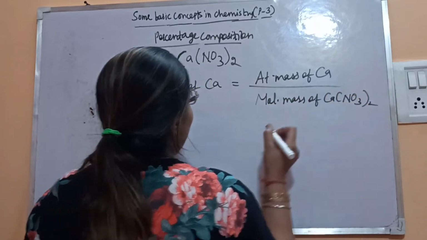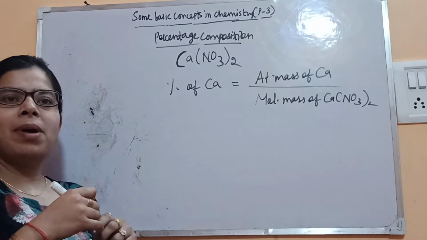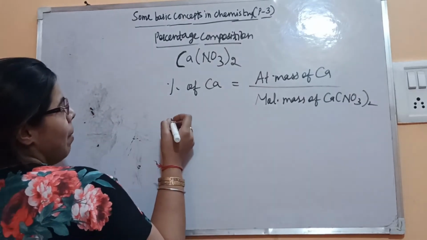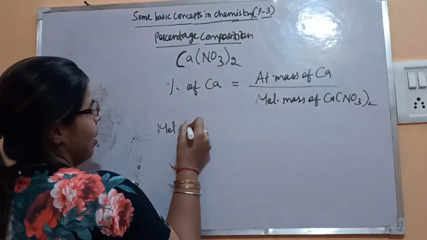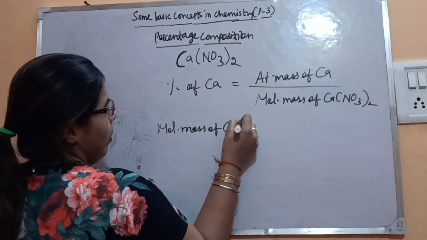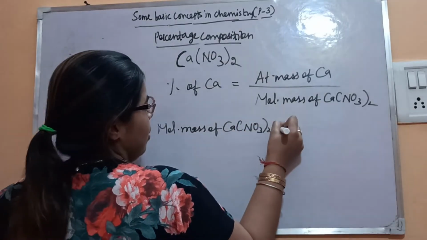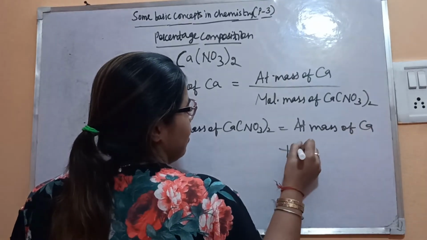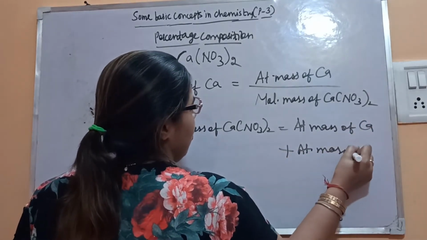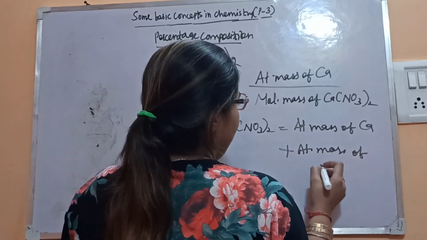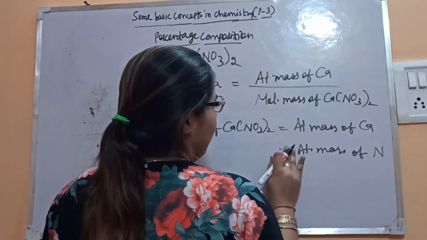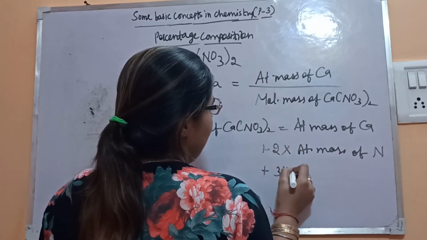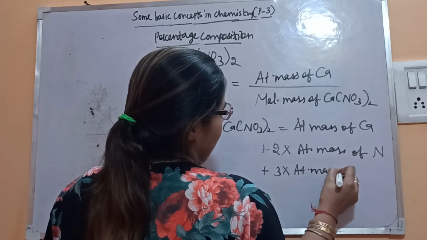So for that you just calculate. How will you calculate molecular mass? By adding all the atomic masses, because it is the sum of all the atomic masses. So calculate the molecular mass of calcium nitrate, which is equal to atomic mass of calcium plus 2 into atomic mass of nitrogen plus 6 into atomic mass of oxygen.